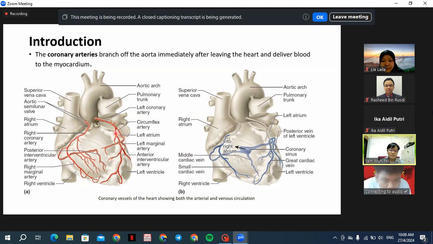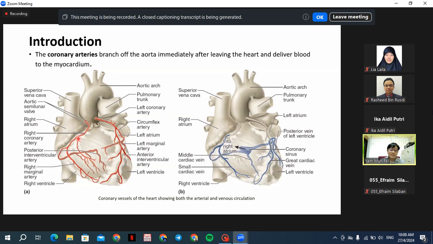The one going to the left-hand side might also branch out and go to the posterior part. Look at this artery I highlighted here, it is the posterior part, meaning behind your heart.